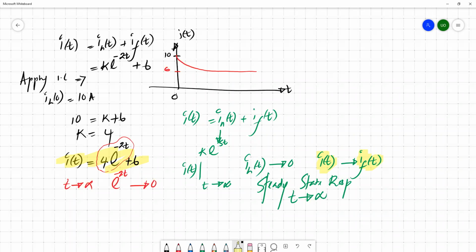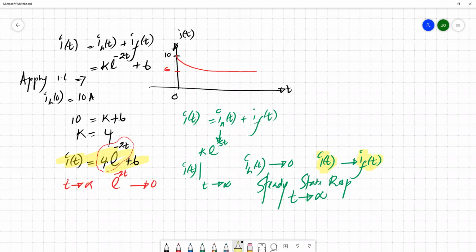Your total response is the sum of natural plus forced. If you are asked to evaluate the steady state response, we know that it converges to the forced response.